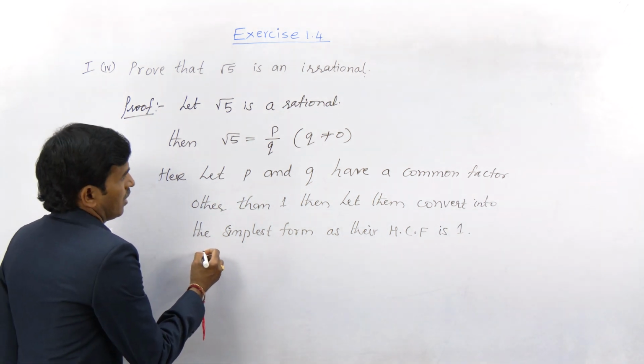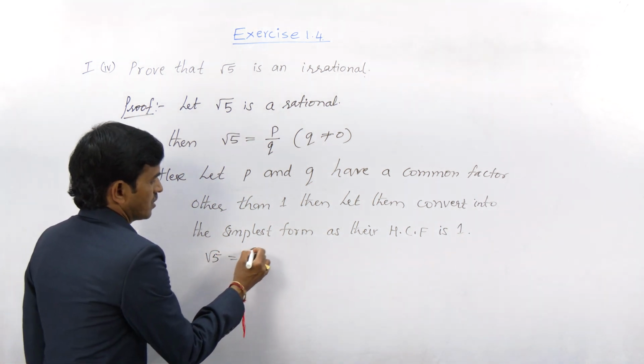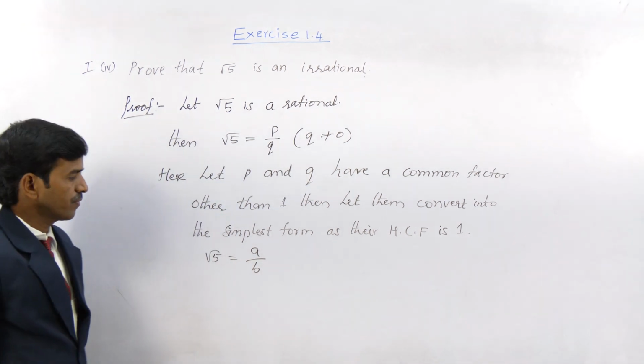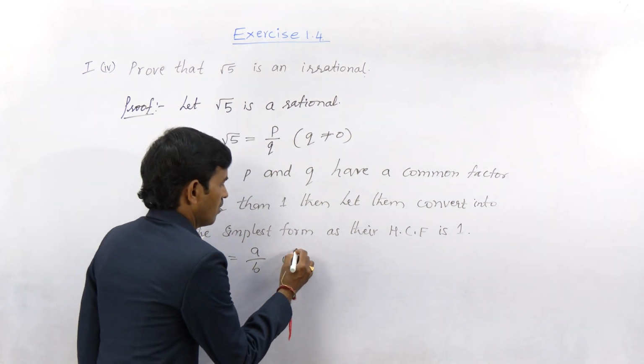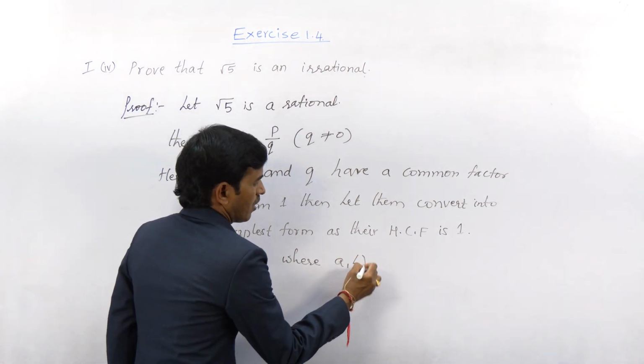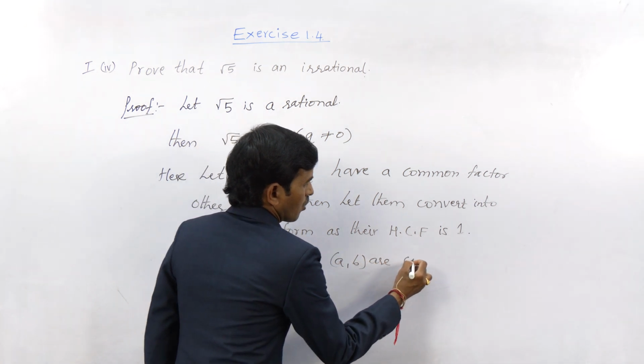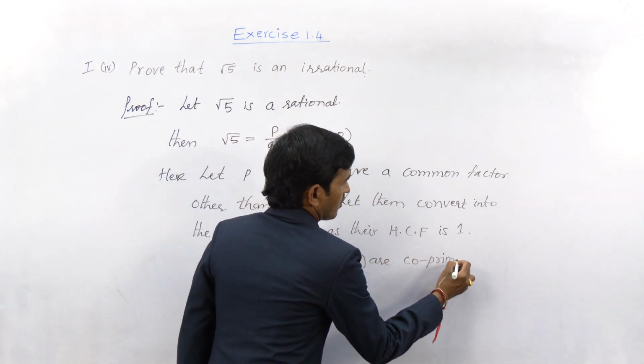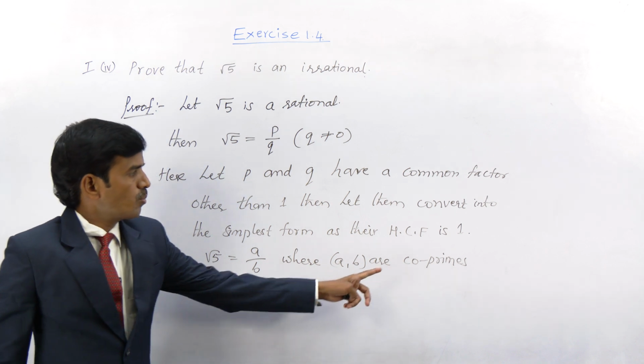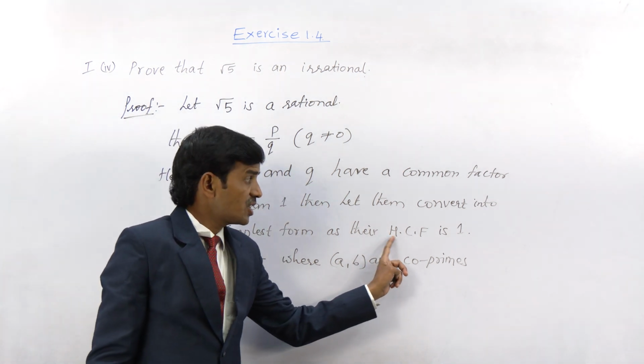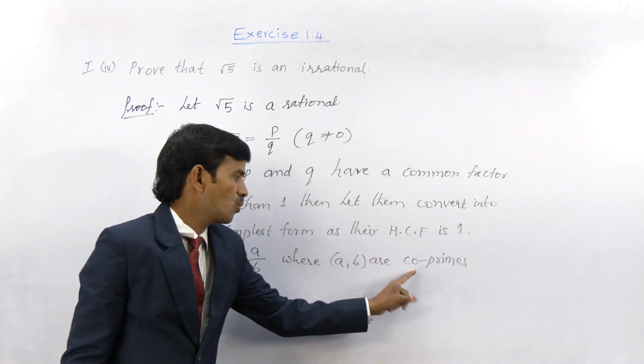Then root 5 becomes a by b, where a, b are co-primes. Co-primes, as the HCF of the numbers is 1, nothing but co-primes.